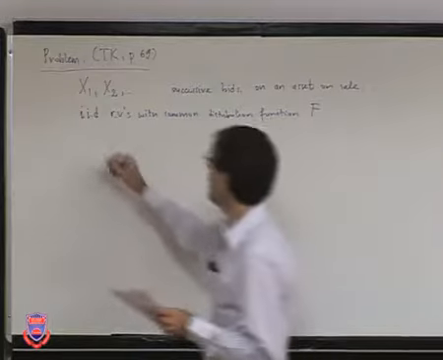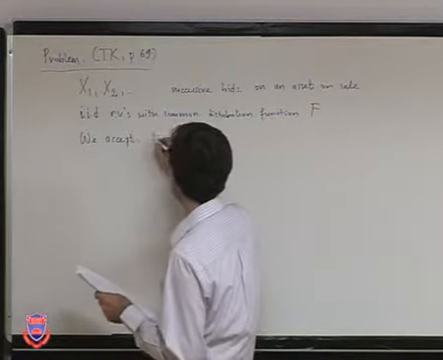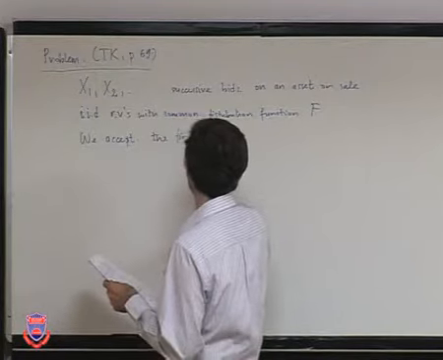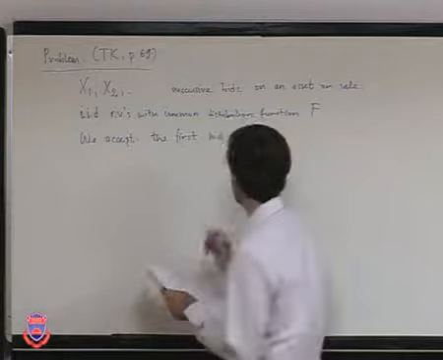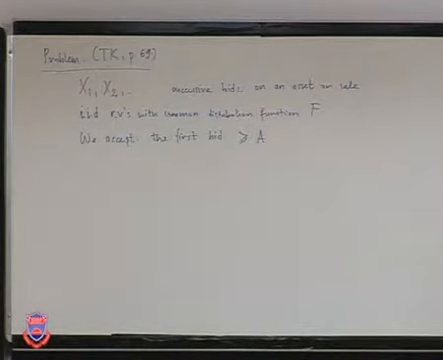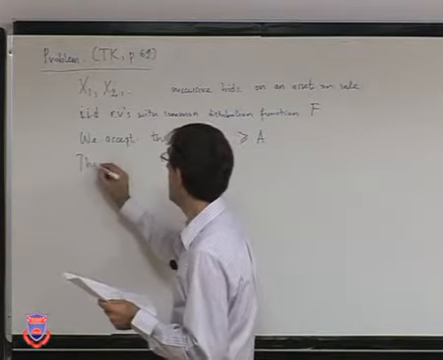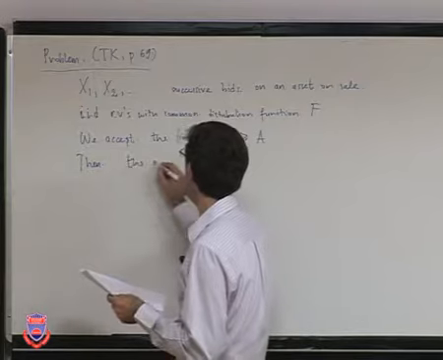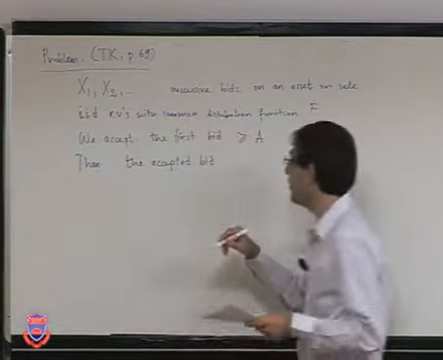And then we agreed that we accept the first bid greater than or equal to some number A. Then the accepted bid is going to be, how would you denote it?